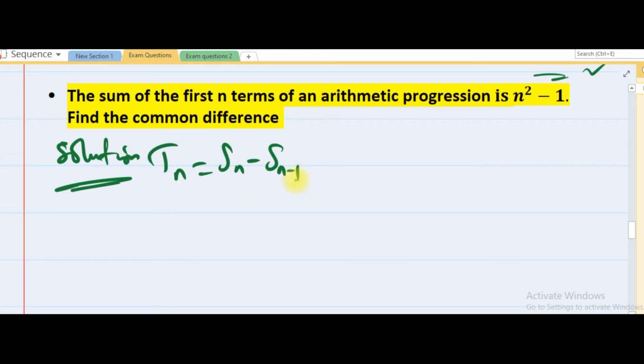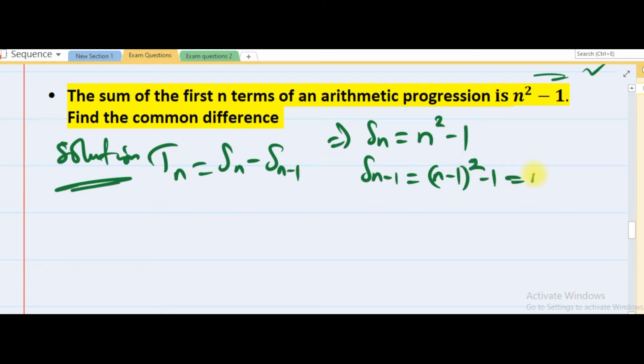Since Sn, the sum of the first n terms, is n squared minus 1, the sum of n minus 1 terms is n minus 1 squared minus 1. So we have n squared minus 2n plus 1 minus 1, so I have n squared minus 2n.